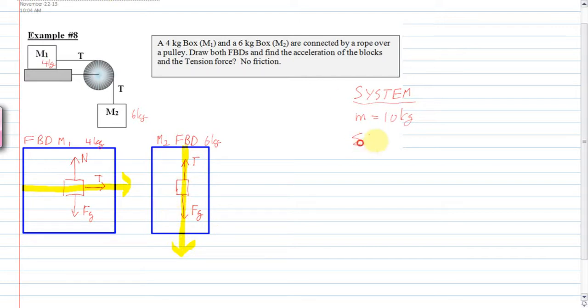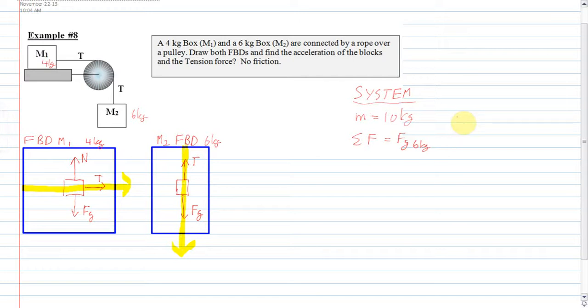So the sum of the forces, there's only one. The tensions cancel out. So it is the force of gravity of the 6 kilogram object. It's not the force of gravity of the whole system this time.